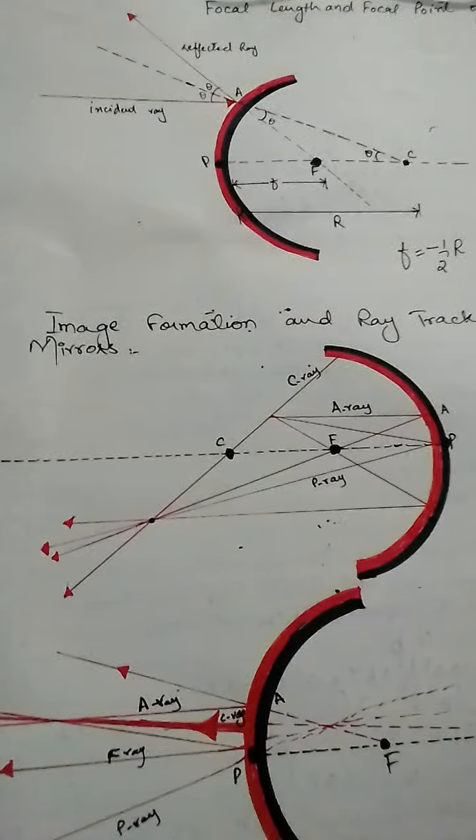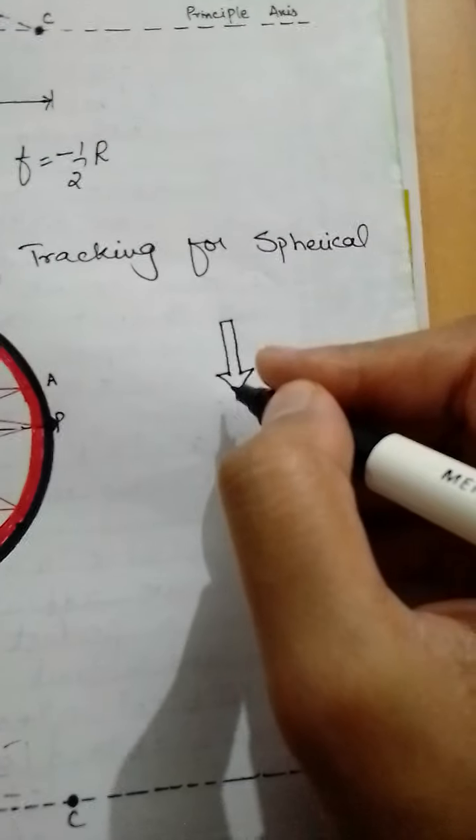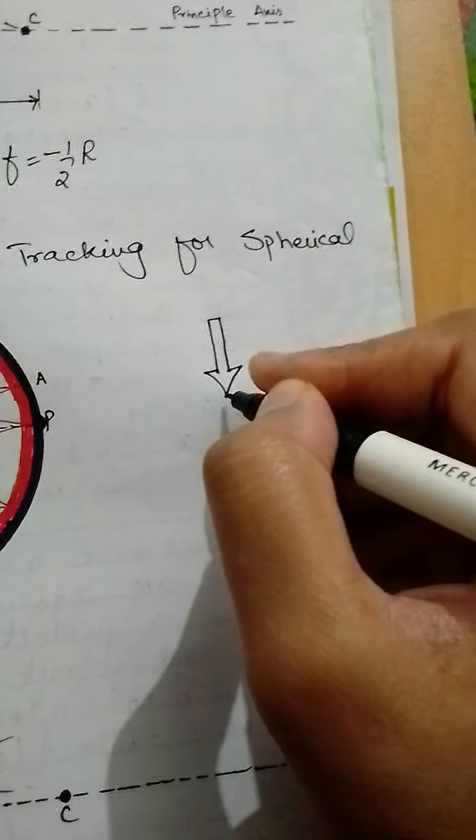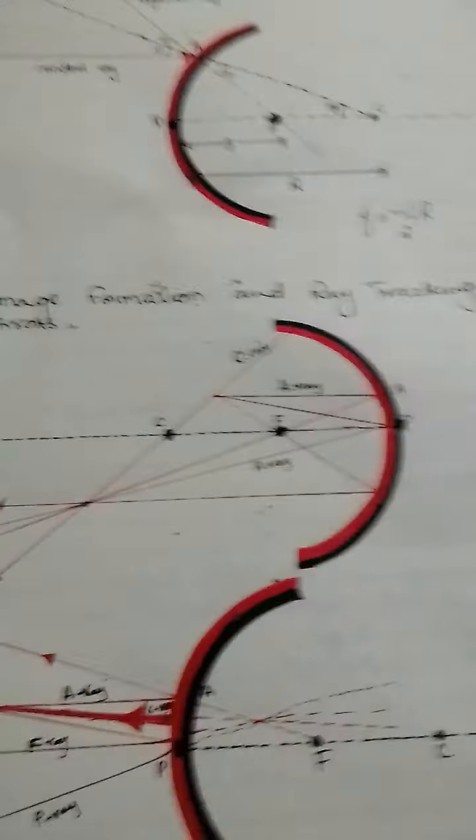If we just take this arrow as an image, we want to identify how or where this point of the arrow is formed.